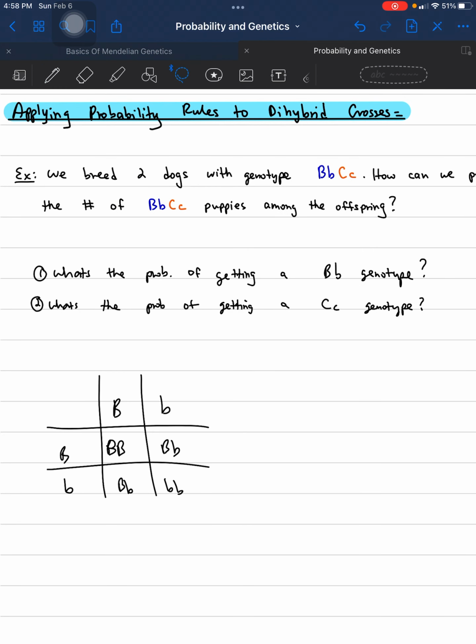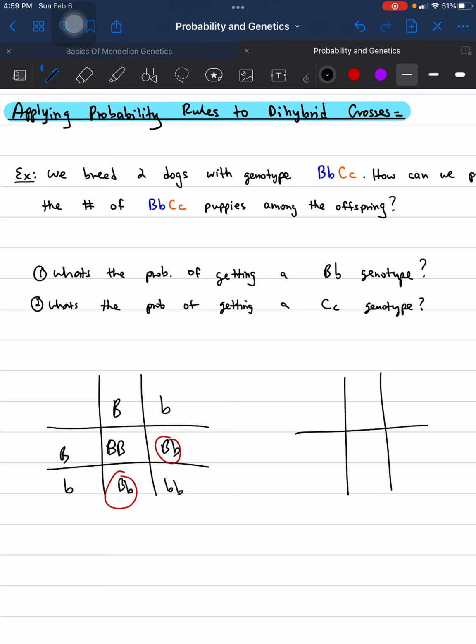The first question says, what's the probability of getting a heterozygous B genotype when we cross two heterozygous dogs? That probability is 2 out of 4, right? There are two total heterozygotes when we cross the parents for this allele.